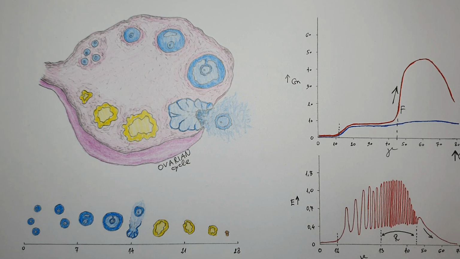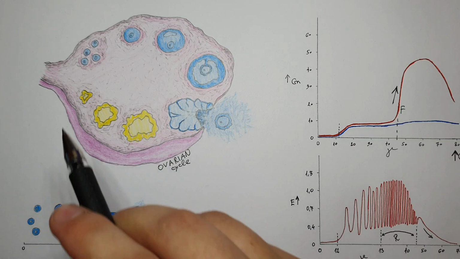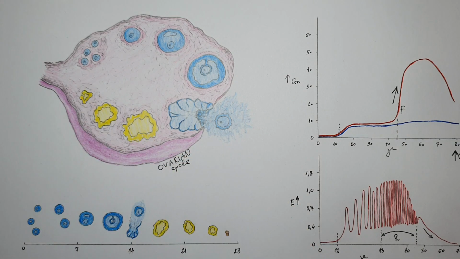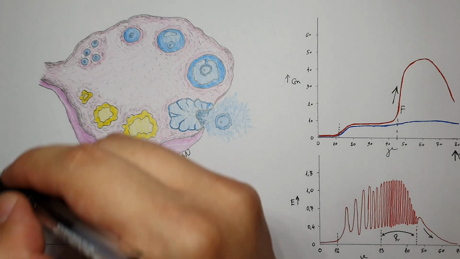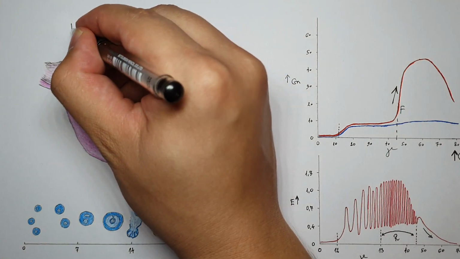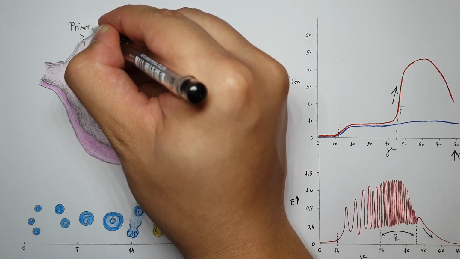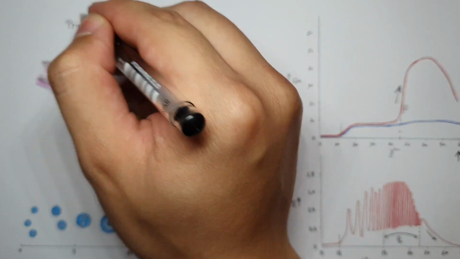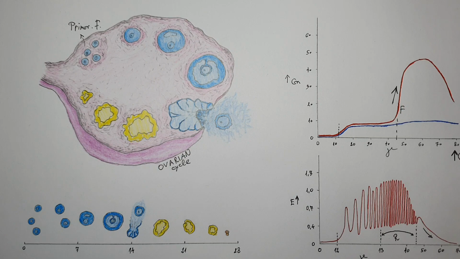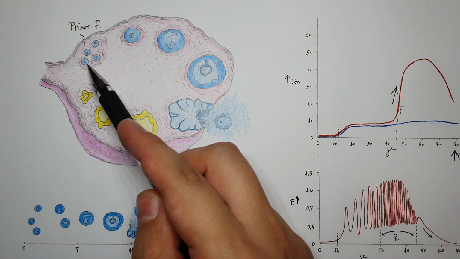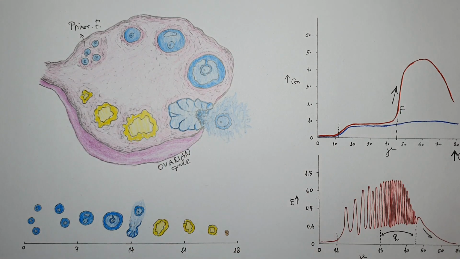So every woman has a certain amount of primordial follicles in both of their ovaries. So every woman has a certain amount of them in each ovary.